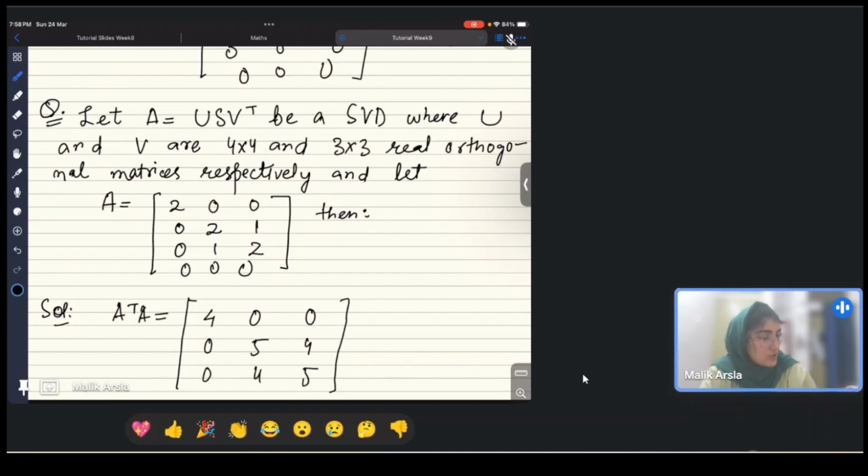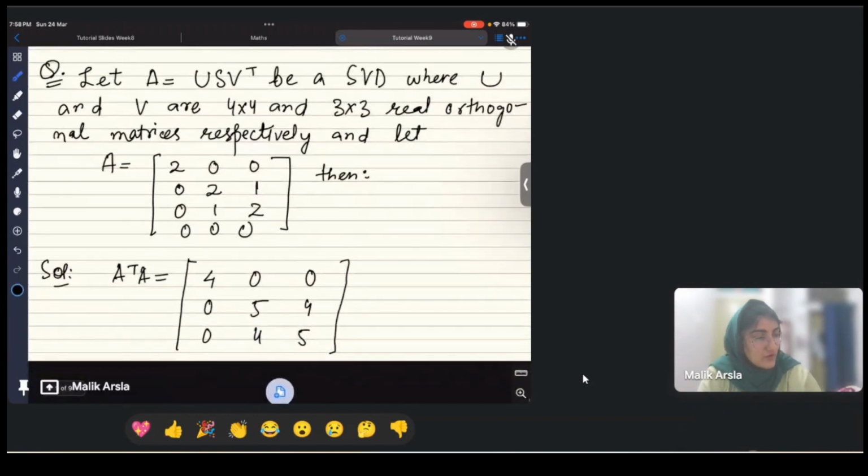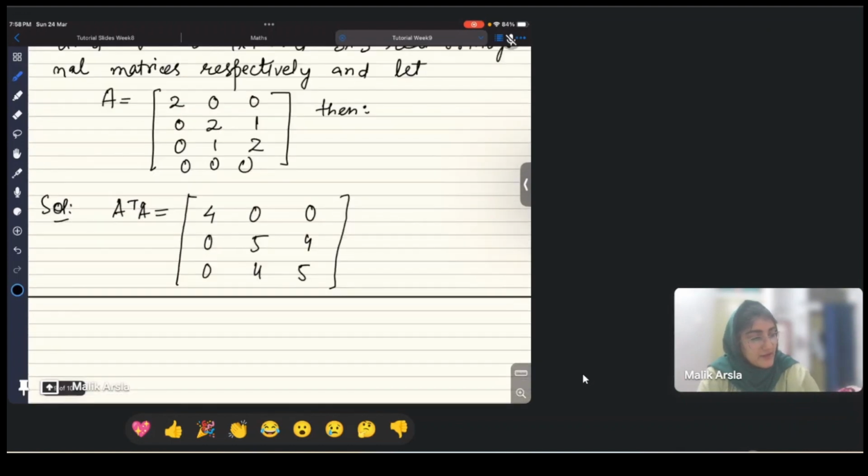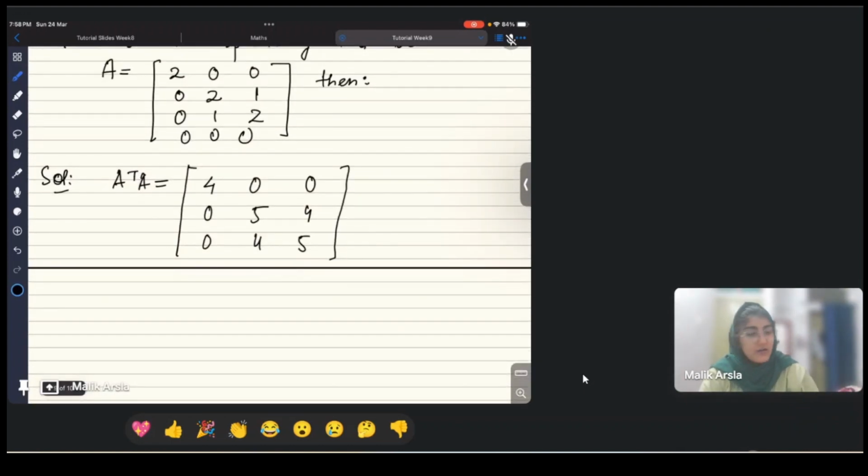So how did you calculate it so fast? Don't tell me this is also repeated. Manually, I did A transpose A only. Okay, fine. I hope everyone has done it.